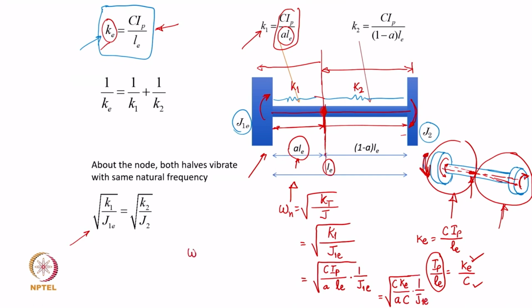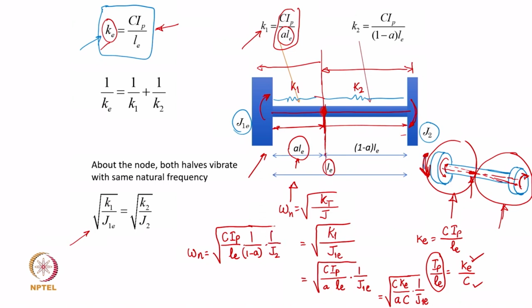I will also find out the natural frequency considering the second part. So, for that I will have this expression of C IP over Le, and then I have another term in the denominator, that is 1 minus A, and then 1 over J2, or J turbine.